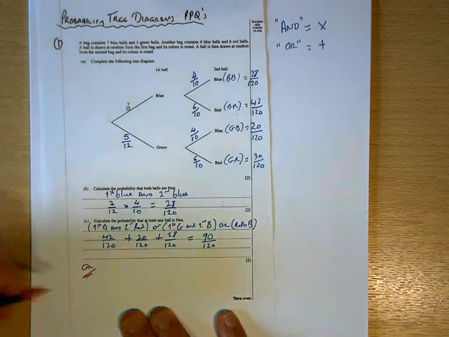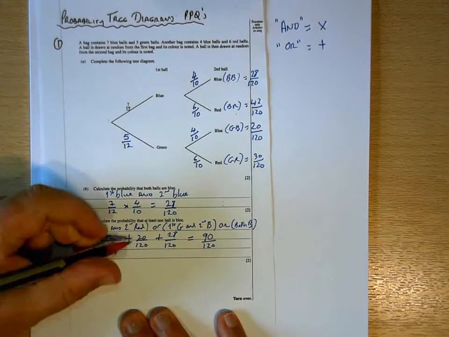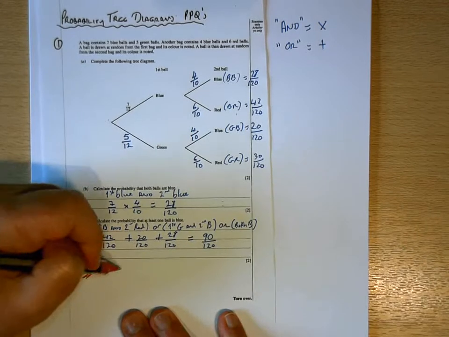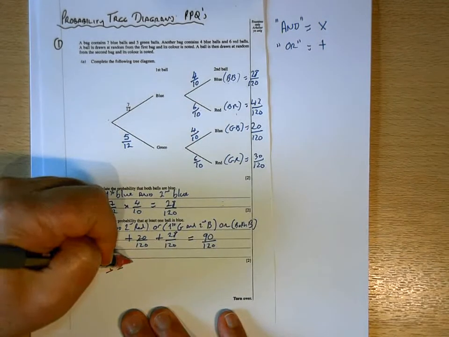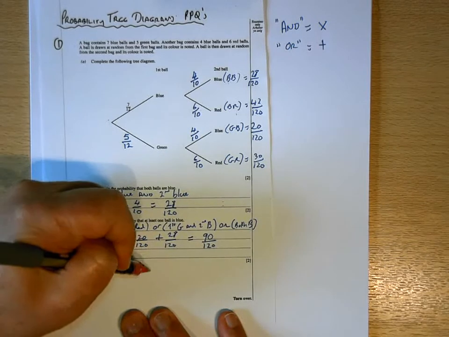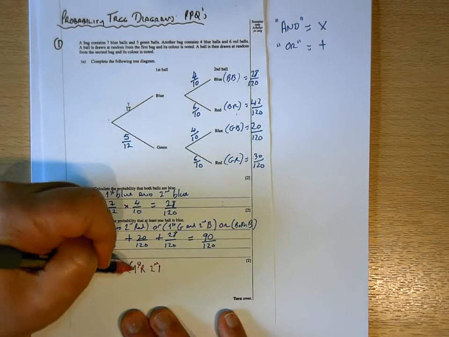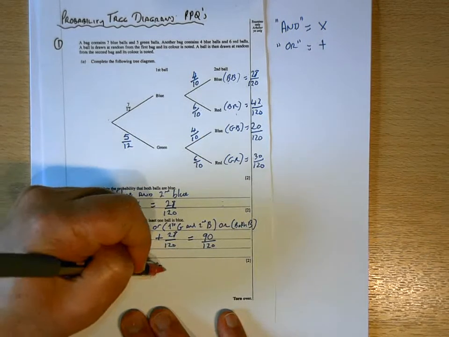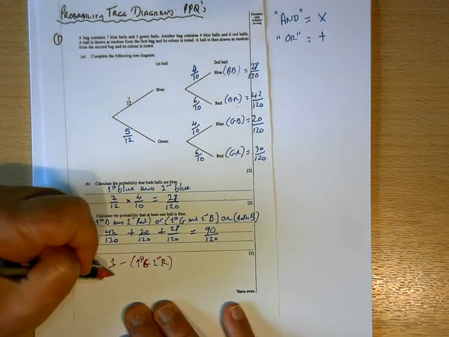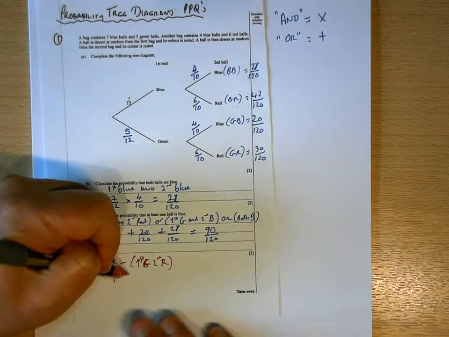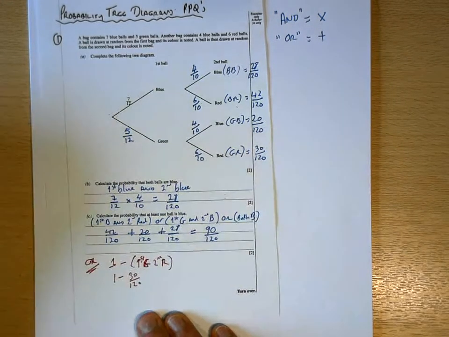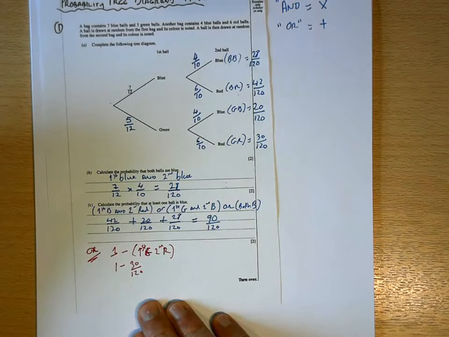So rather than do all that, you could do 1 less first green, second red. So you could have done 1 take away 30 120ths, 30 out of 120.